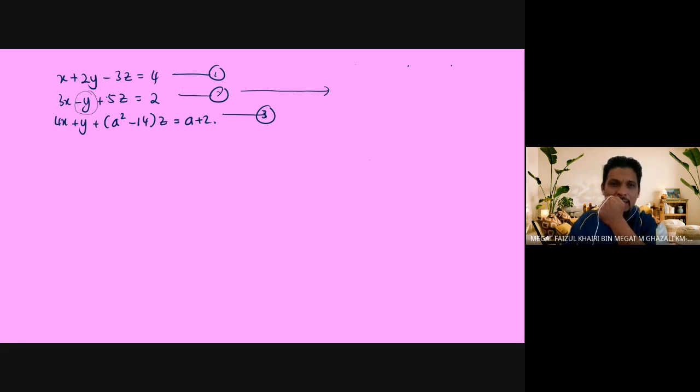So negative y equal to positive 3x plus 5z minus 2. Bring to the other side, become negative. So we got negative y equal to 3x plus 5z minus 2, then y equal to negative 3x minus 5z plus 2. Equation 4.